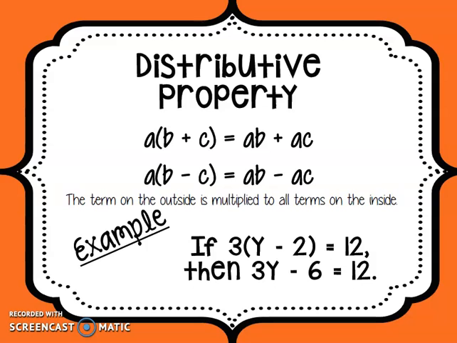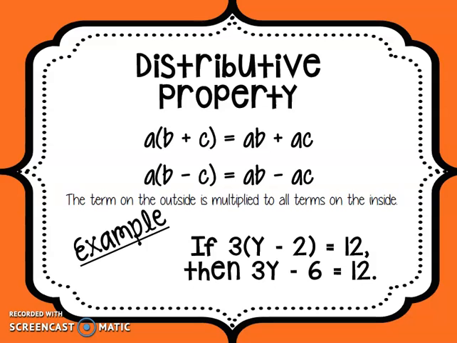The number that is outside has to be multiplied to everything inside of the parentheses. When we have the A outside, that's telling us that A needs to be multiplied to the B plus C, so we get AB plus AC. In the bottom example, 3 needs to be multiplied to y minus 2, and that's going to become 3y minus 6.